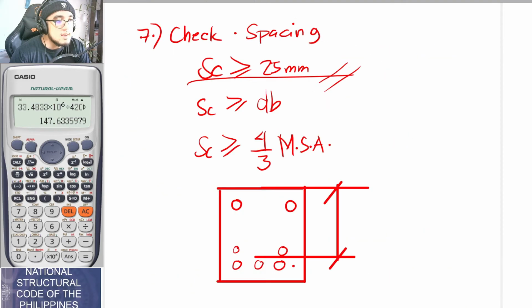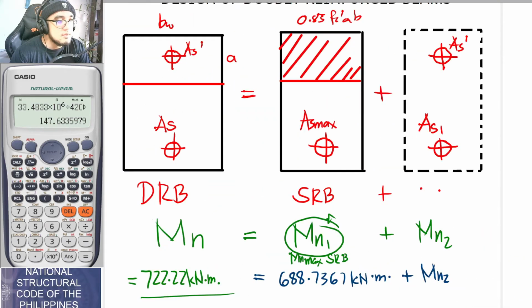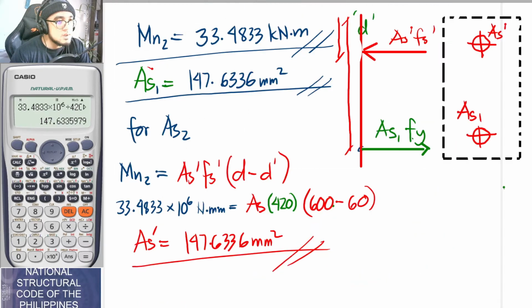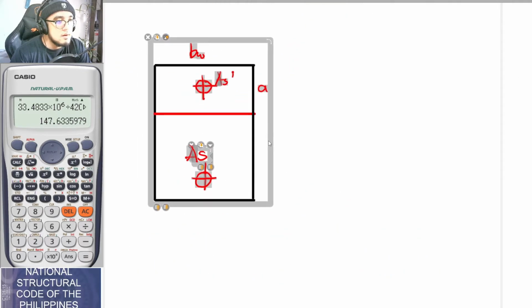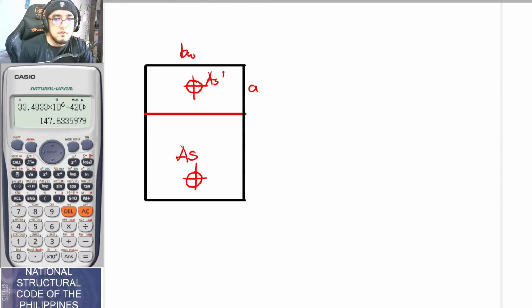So for our detailing, for a moment I will just be copying this here. So for your As prime, this is 147.6336 millimeter squared.